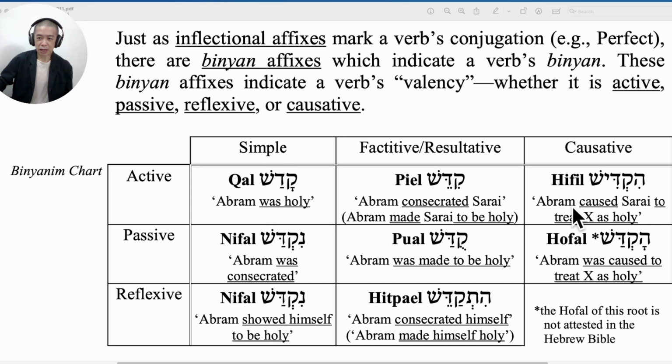Hifil is hip, and then Hofal is hop. So it's easier to memorize like this: quack, neck, pippity pop, hippity hop.